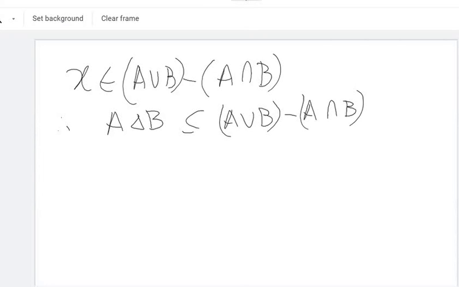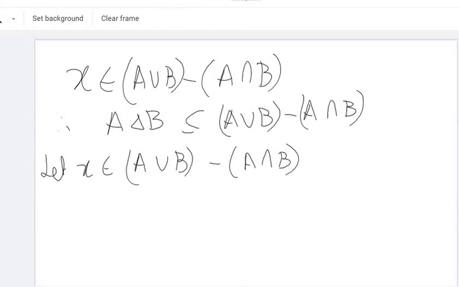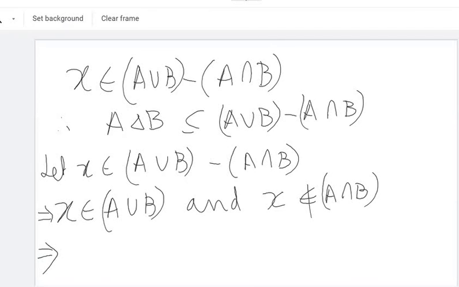Suppose X belongs to A union B minus A intersection B. This means that X belongs to A union B but does not belong to A intersection B. It says that X is either in A or in B, and X is not in both A and B. So if X belongs to A, can it belong to B?